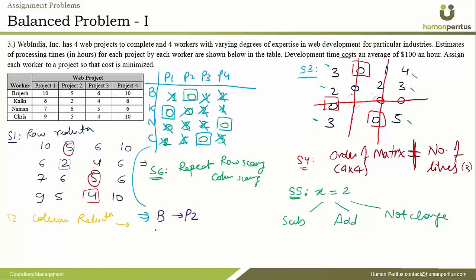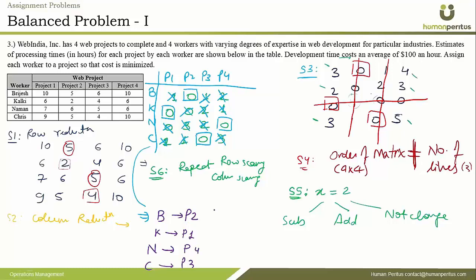Okay. I can assign Kalki to project 1. I can assign Naman to project 4. I can assign Chris to project 3. Okay. So we have all the hours these 4 people take on these different projects, right?